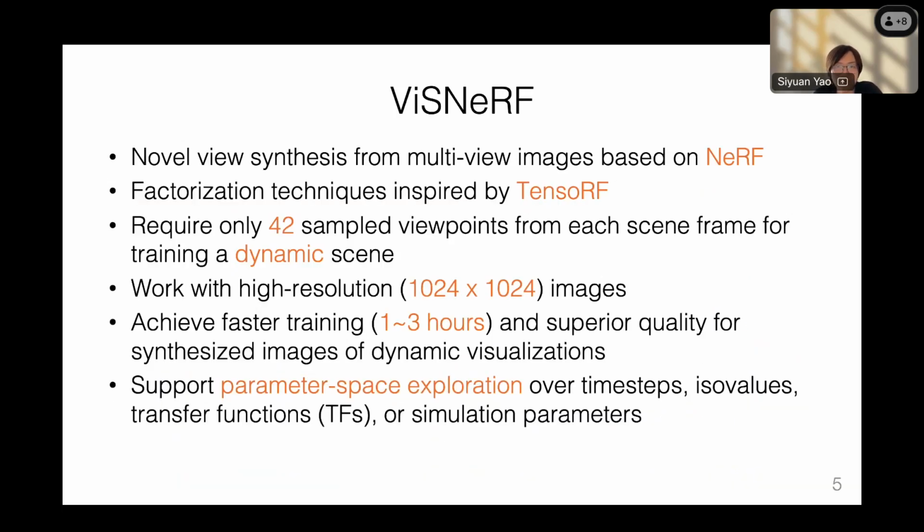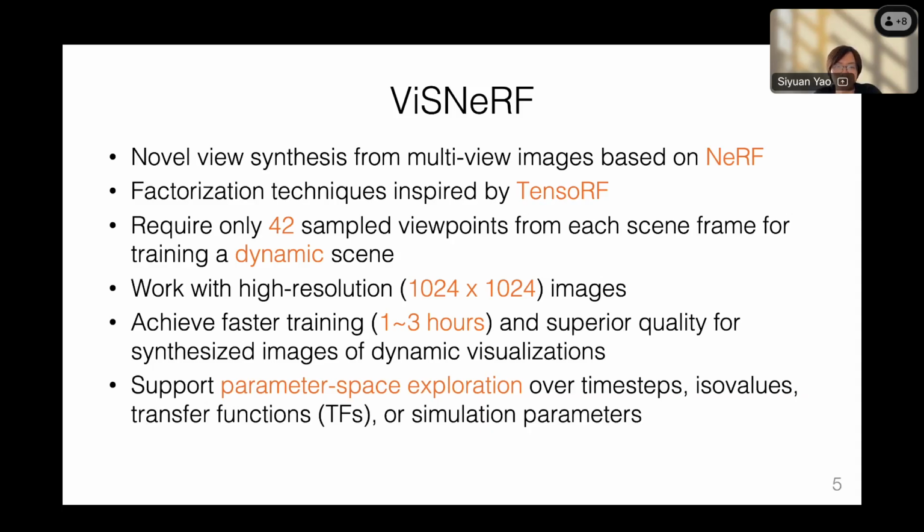Our VisNerve also adopts a factorization technique inspired by TensoRF and only requires 42 images for each scene frame. We also work with higher, actually arbitrary, resolution because we are using volume rendering.